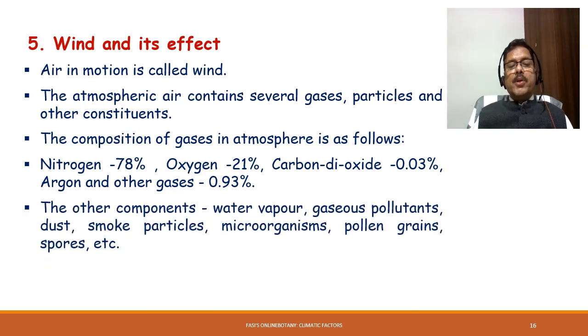The other components of wind are water vapor, gaseous pollutants, dust, smoke, particles, microorganisms, pollen grains, etc. An anemometer is an instrument which is used to measure the speed of the wind.